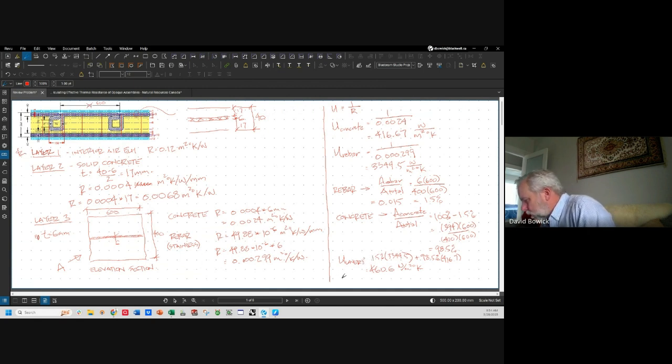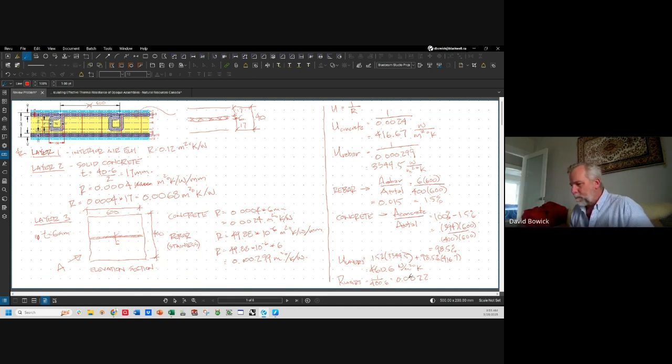The U value. So R layer 3 equals 1 over 460.6 equals 0.0022.